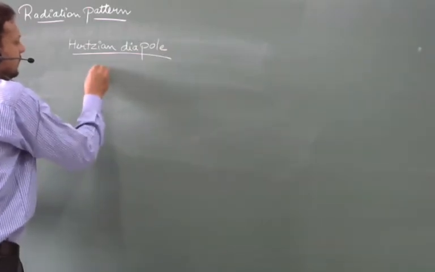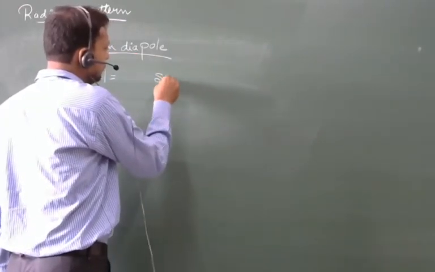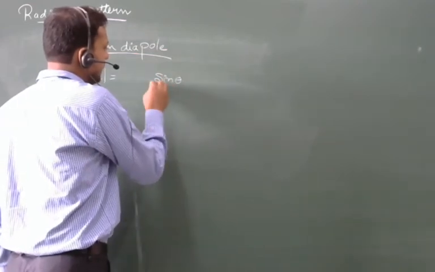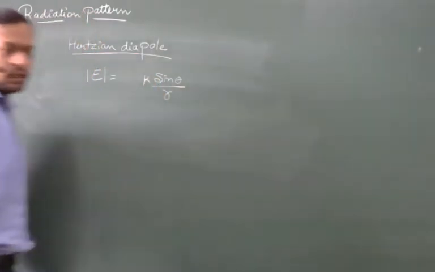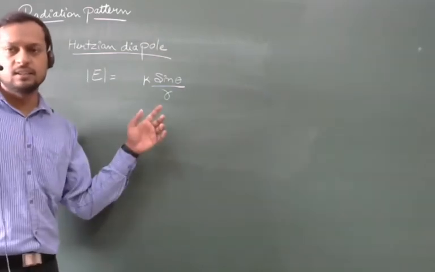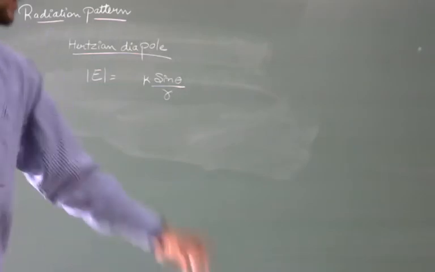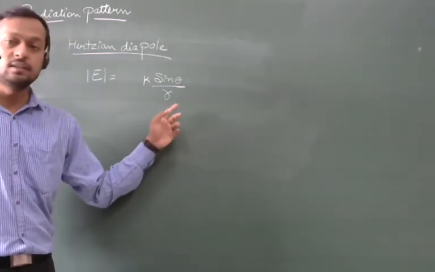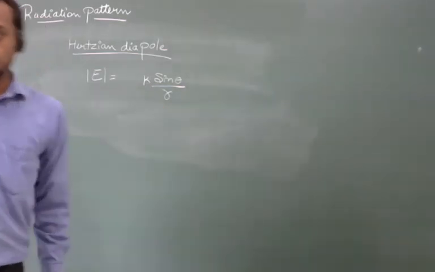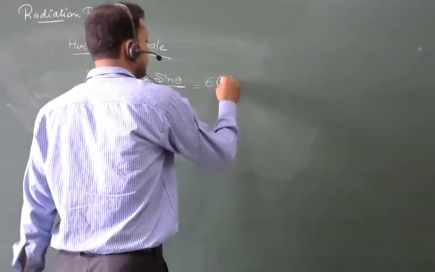We have this magnitude E as a function of the angle theta and the radial distance r with some constant. For a Hertzian dipole, the electric field intensity is a function of both theta and the radial direction, magnitude proportional to the radial dimension. So this electric field is a function of r comma theta.